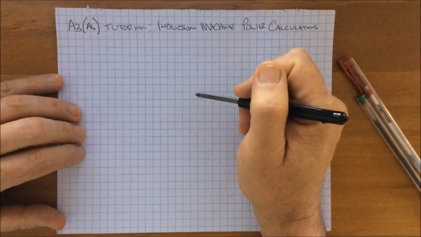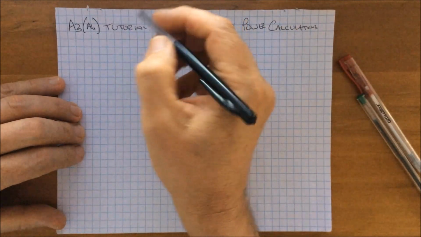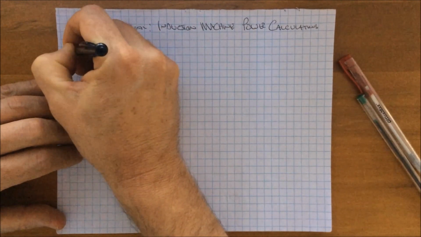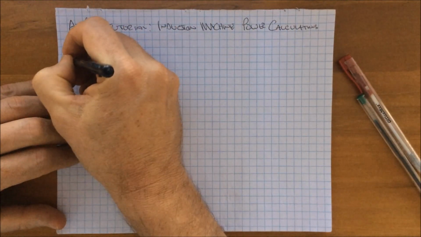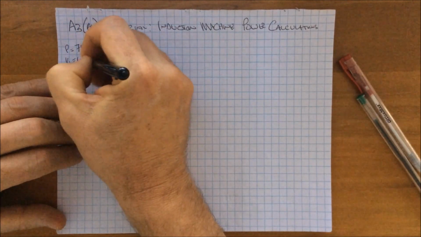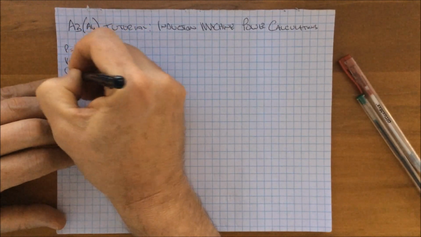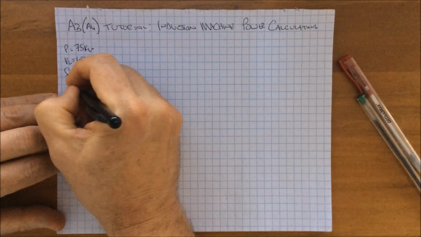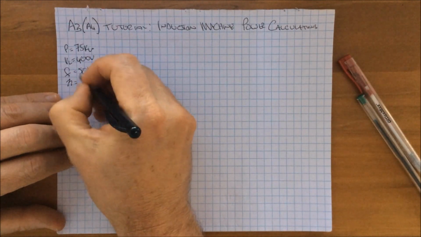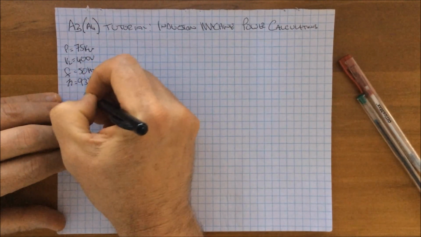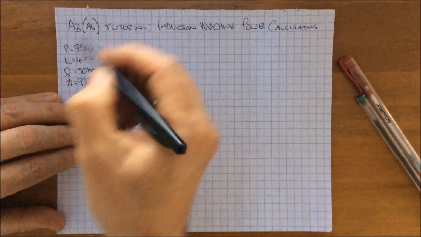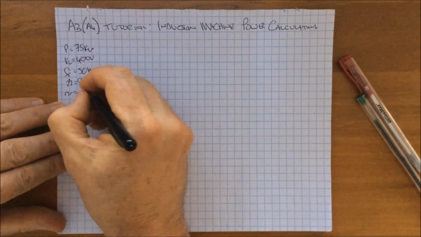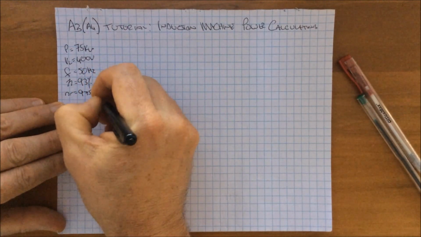So let's say we've got a problem and we've been given a 75 kilowatt machine. We'll say the line voltage is 400 volts, the frequency is 50 hertz. We know the efficiency of the machine, and we'll call that 93% efficient. We know that the rotor speed is 975 RPM.